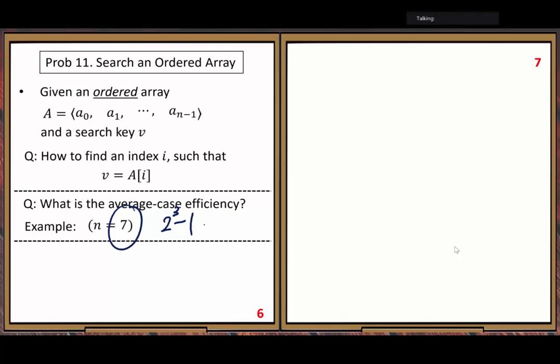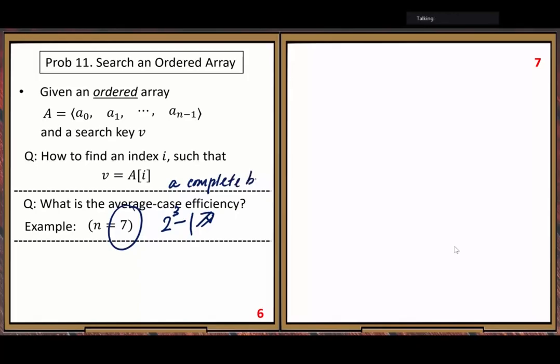So when we draw a binary tree corresponding to our binary search, we will get a complete binary tree. So try to recall the meaning.